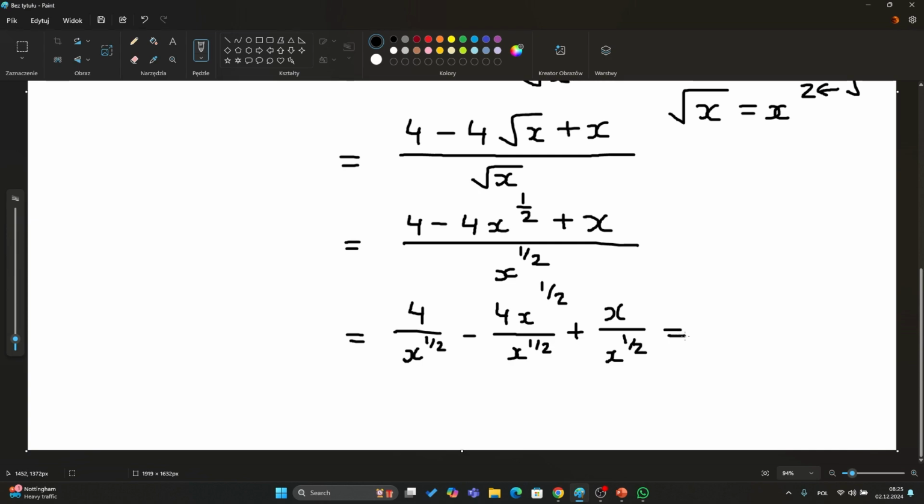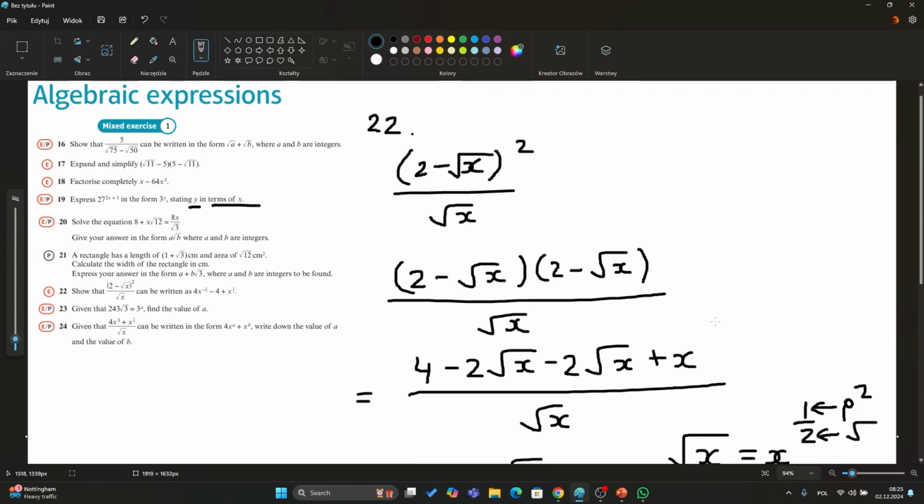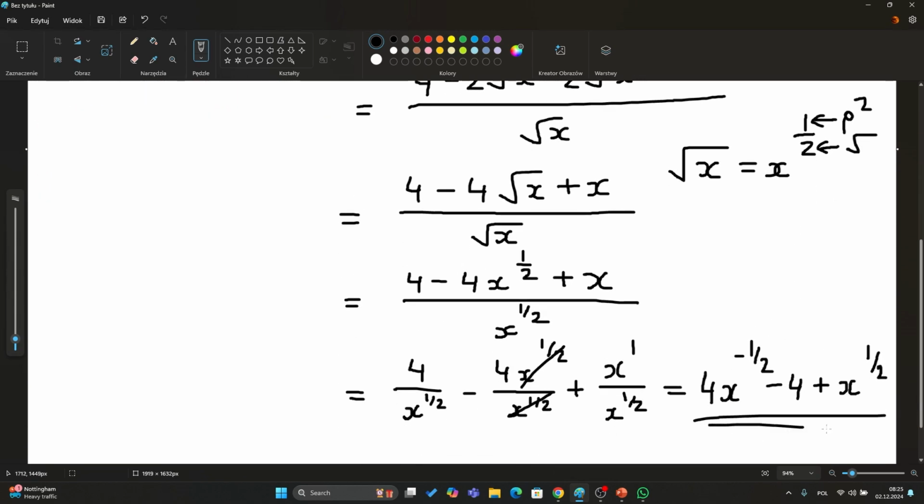And that equals 4x to the power of minus a half. Those cancel to give minus 4, and 1 minus a half is a half, so x to the power of a half. And that is what we're supposed to get, so the answer is correct.